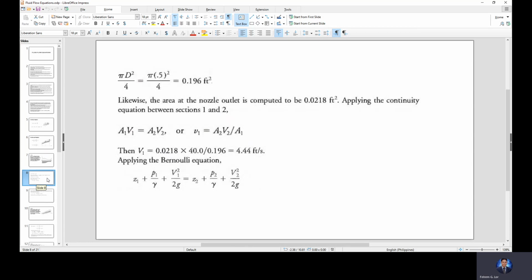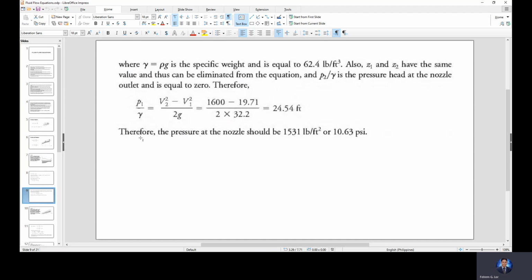So we can say that energy at point 1 is just equal to energy at point 2. So total energy at point 1 is Z1, pressure 1, V1 is equal to Z2, pressure 2, and V2.